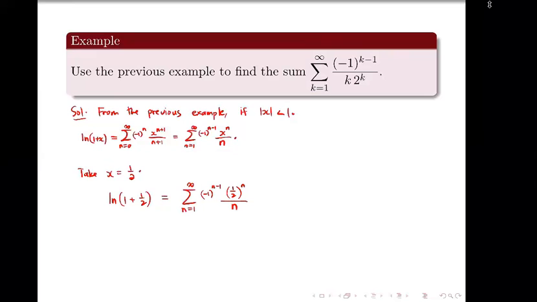But this is just the sum from 1 up to plus infinity, negative 1 to the n minus 1 times 1 over 2 to the n, all over n, or the sum from 1 up to plus infinity, negative 1 to the n minus 1 all over n 2 to the n. And that's precisely this guy here.